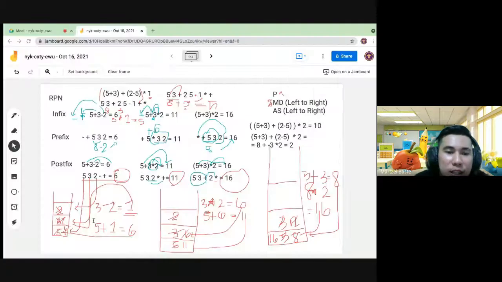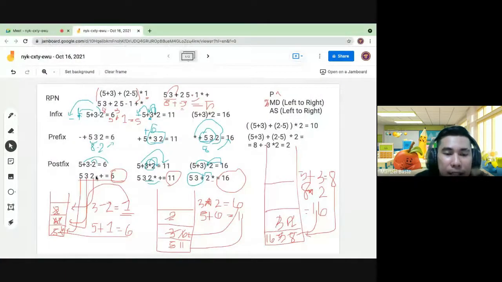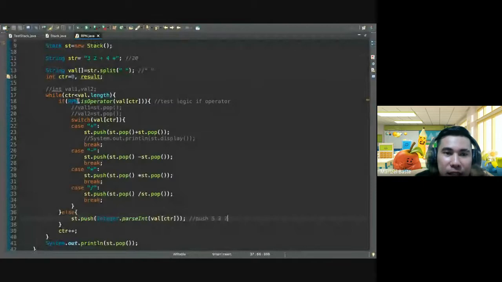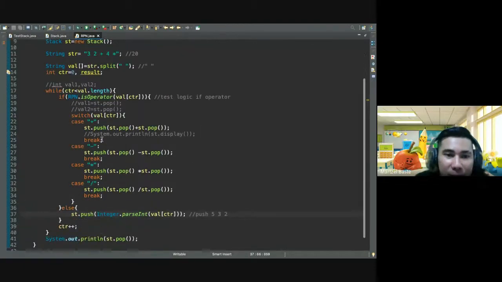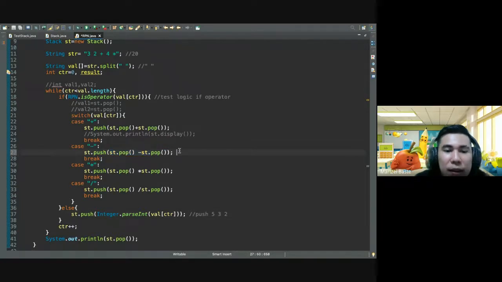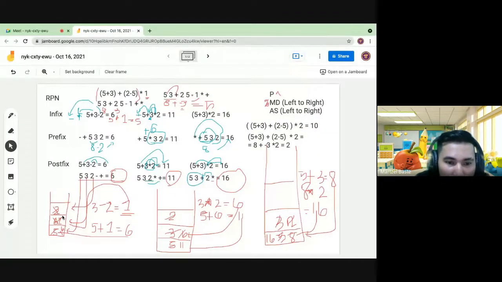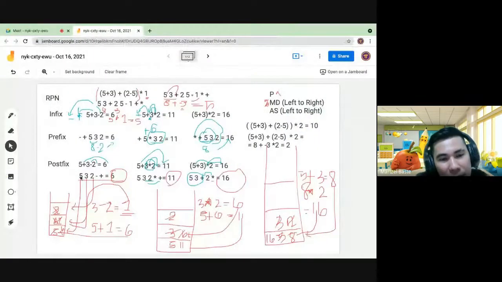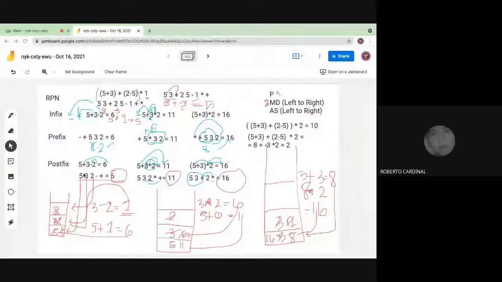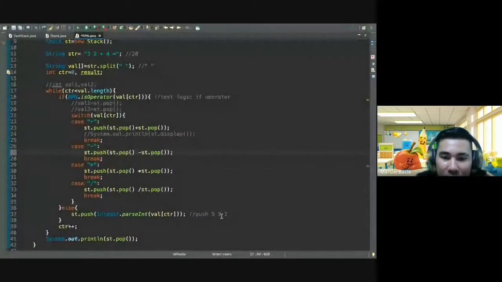Okay? Next it reads subtraction. So subtraction, is it an operator? Is it an operator? True. Yes, true. So based on this case, minus, what's the next topmost element? There, 5, 3, 2, right? So what are the topmost elements? 3 and 2, right? The topmost elements are 3 and 2.